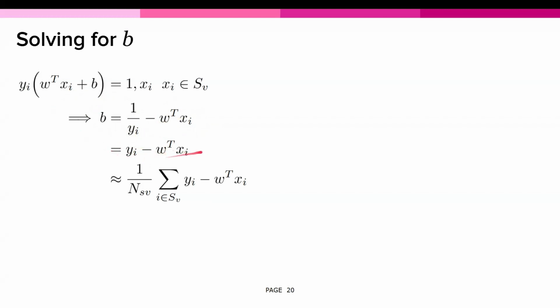You can get a more robust estimate of B by averaging over all support vectors, where NSV is the number of support vectors, and the sum indexes over the set of support vectors. Since the decision boundary is determined by all support vectors, we take the average of the bias values computed for each support vector. So in practice, we take the average to ensure that the decision boundary reflects the contributions of all of these critical points.